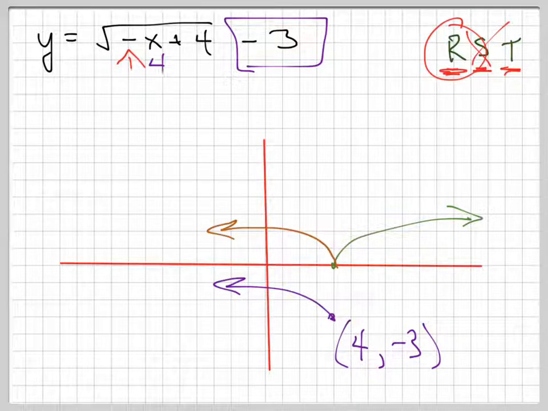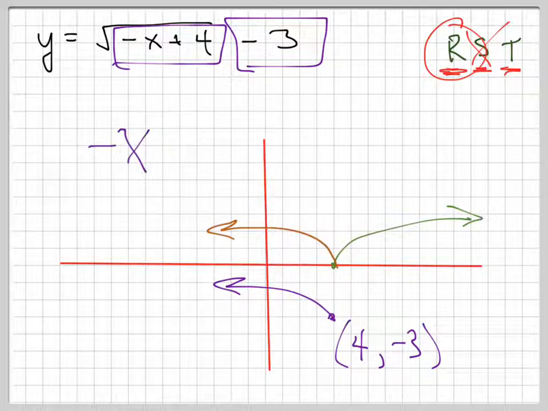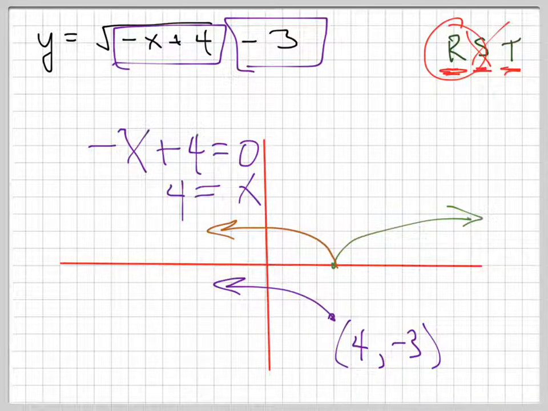How I really do this problem is I'll take this equation right here, I'll take what's inside there and I'll set it equal to 0. Okay. And then I'll solve that for x. So add x to both sides. X equals 4. X equals 4 is my handle, my main point.